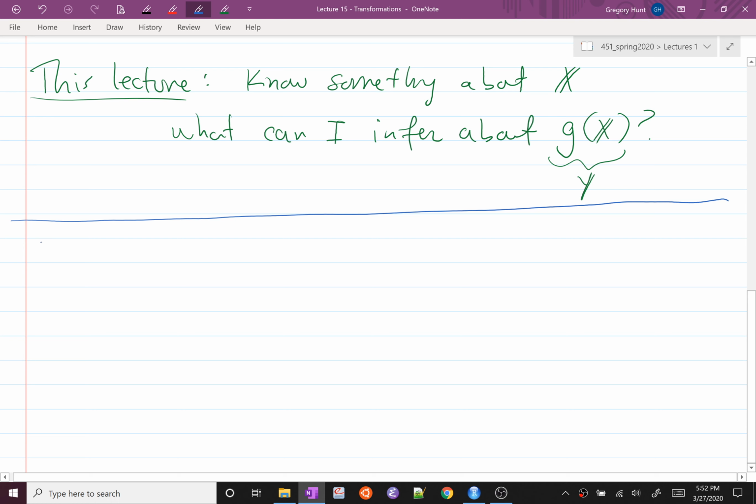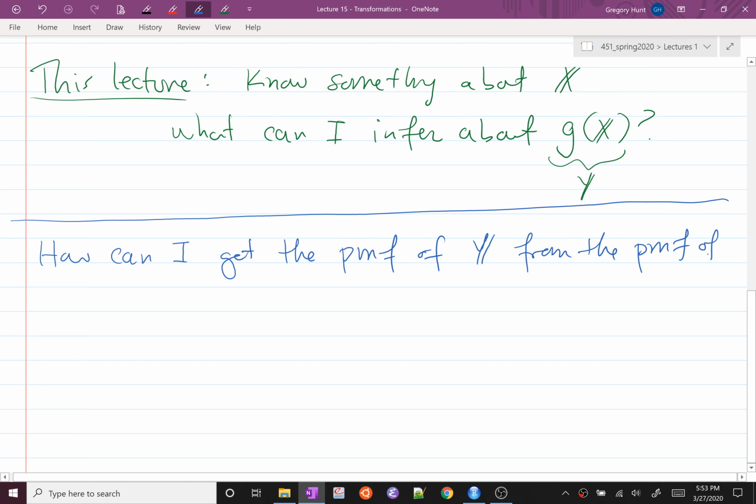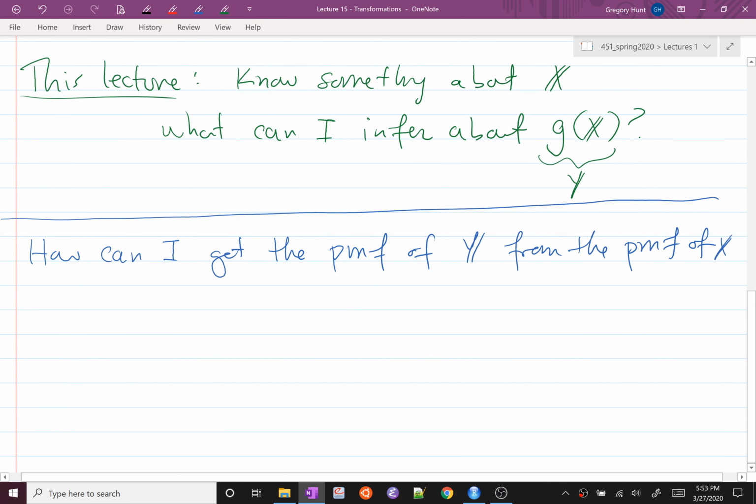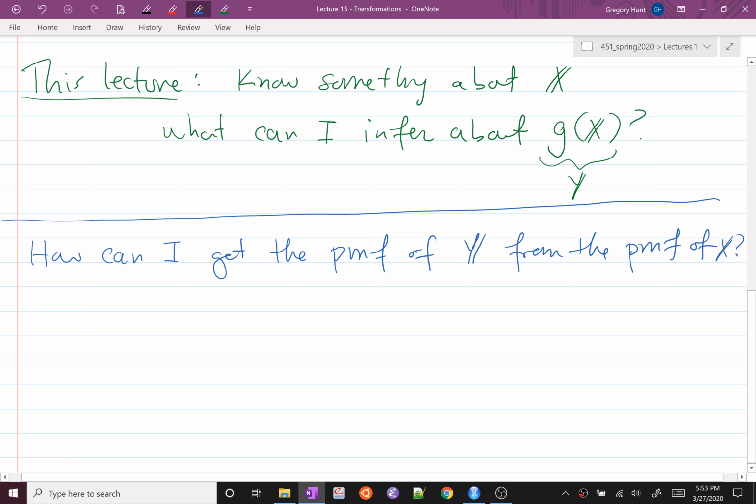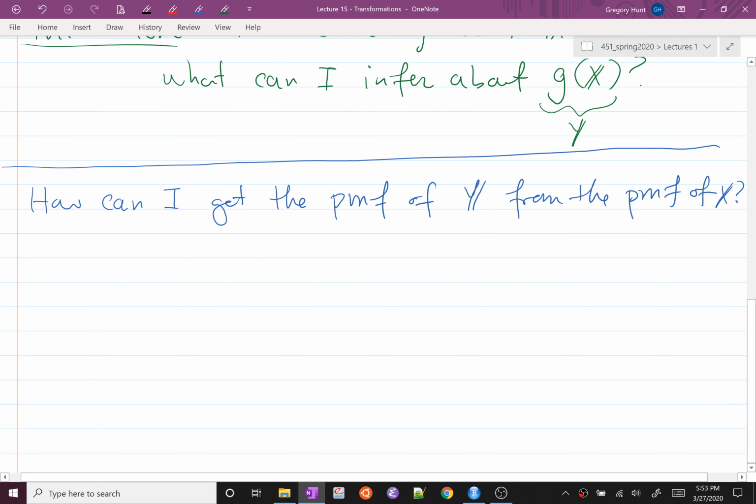So the first case we're going to look at: the question is, how can I get the PMF of y from the PMF of x?